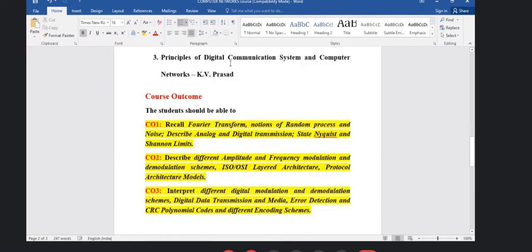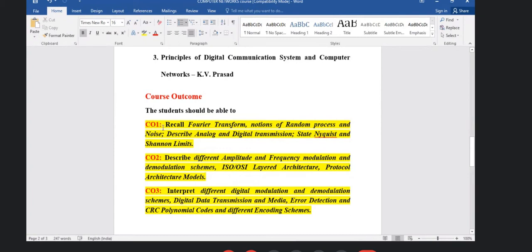And after we finish the course outcomes, the whole Principles of Communication Engineering and Computer Network course has 5 outcomes.